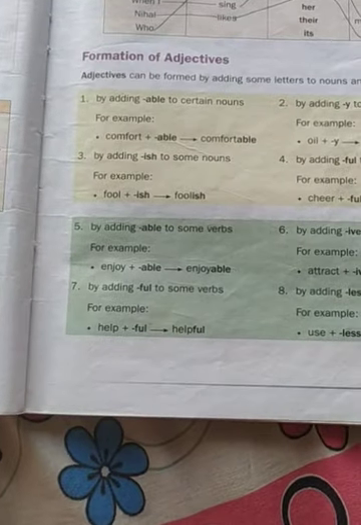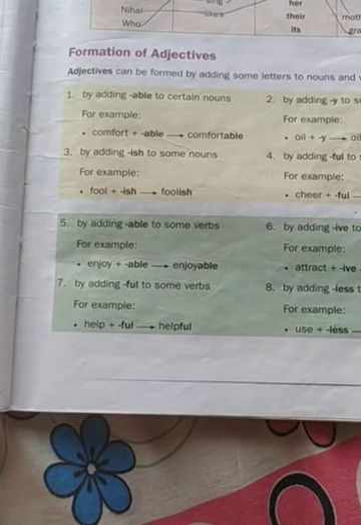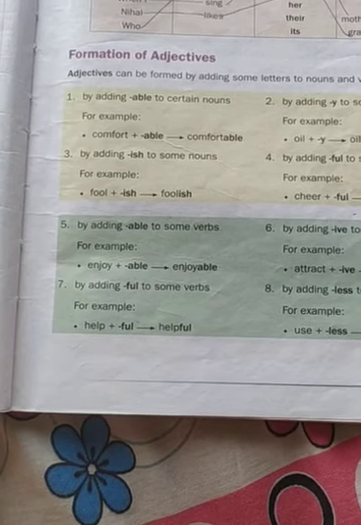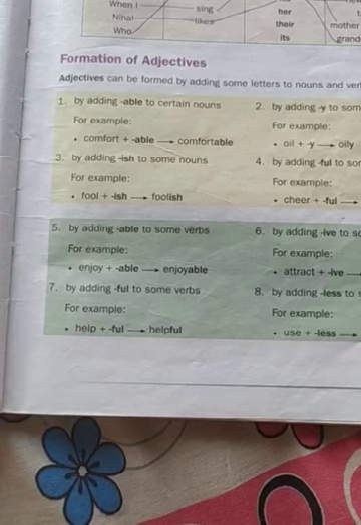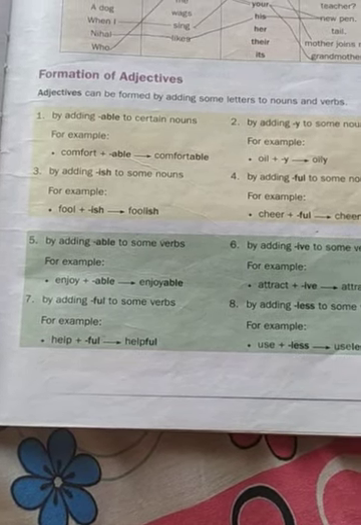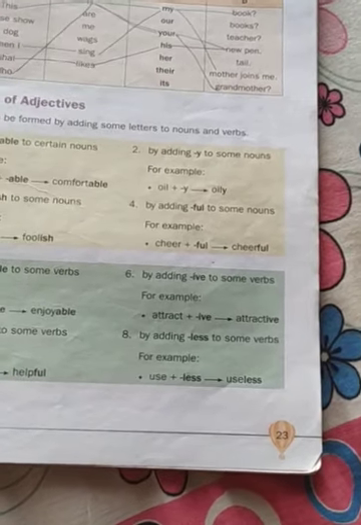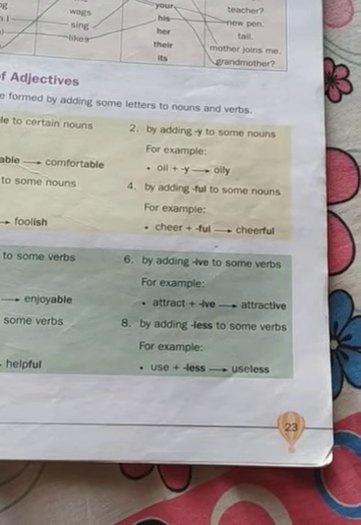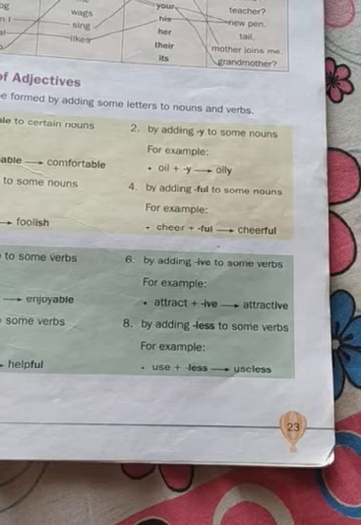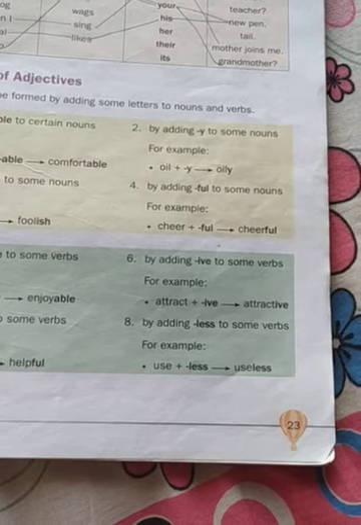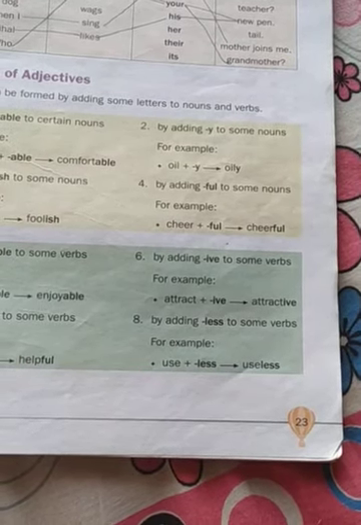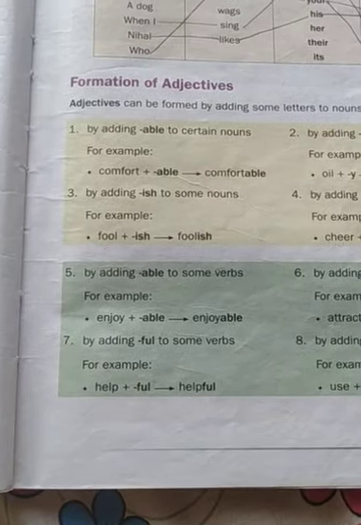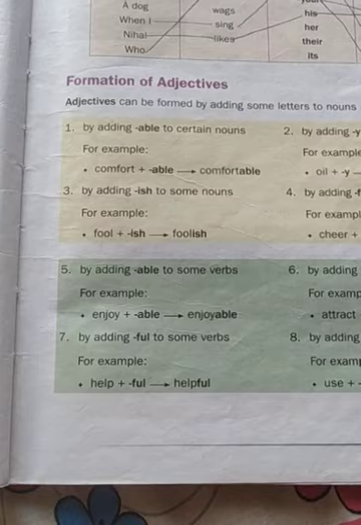Third, by adding ish to some nouns. For example, fool plus ish is foolish. Fourth, by adding ful to some nouns. For example, cheer plus ful is cheerful. Fifth, by adding able to some verbs.